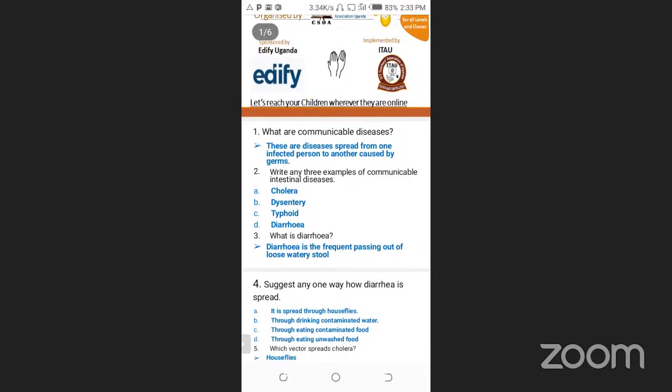These vectors carry germs that spread disease. So the one that spreads cholera is called houseflies. Most of these intestinal diseases are spread by houseflies. So that is one thing you need to know.